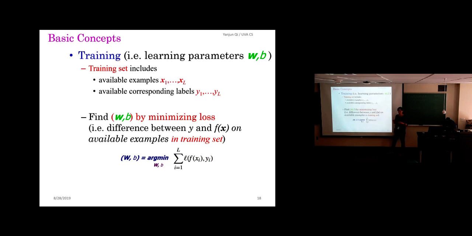On those data, I know the label, so I can just compare the differences. And I sum over all the differences across multiple examples. That is the loss function. That is the error my program is making.